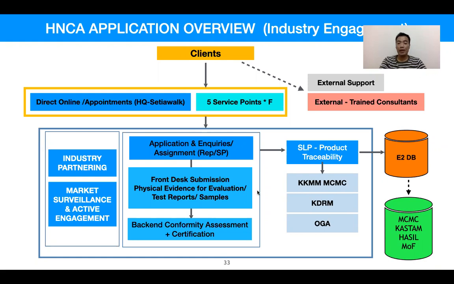Okay, and after this is fulfilled and you get your certificate of conformity, you go to product traceability, where your IMEI and serial number will be fully traceable, as this information will be parked under the MCMC and customs databases or OGAs.